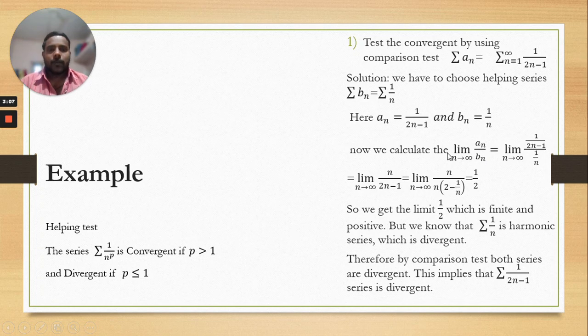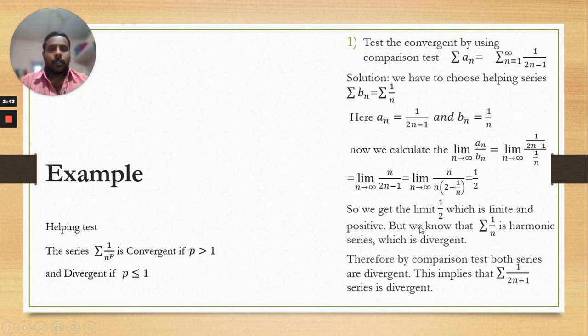After calculating this limit, the value of the limit is 1 by 2, which is finite and positive. Now we decide whether the given series is divergent or convergent by using our chosen series. In our case, the chosen series is summation 1 over n.